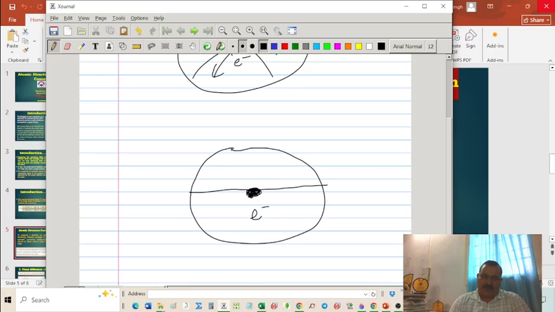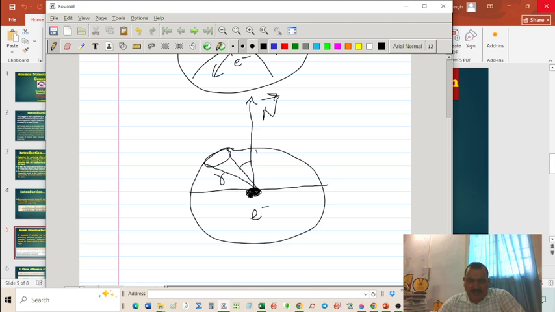I consider a small volume element of this scattering sphere like this, at a distance r. I consider this is the normal to the scattering plane, and the angle that r makes with n, I consider phi. This is the small volume element dV.